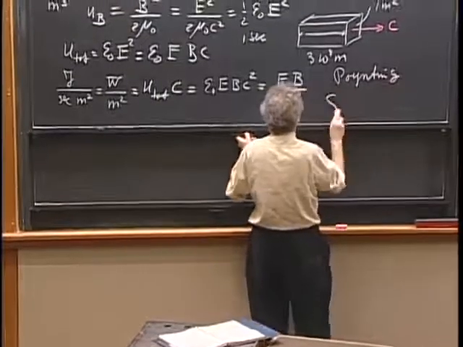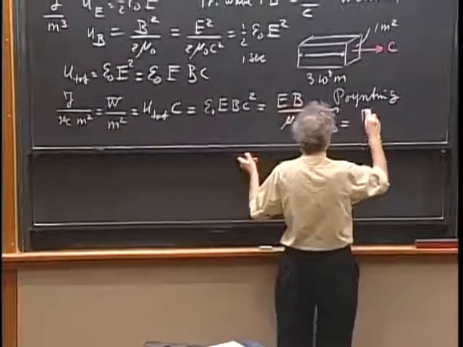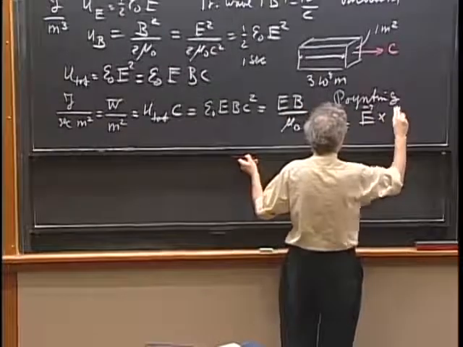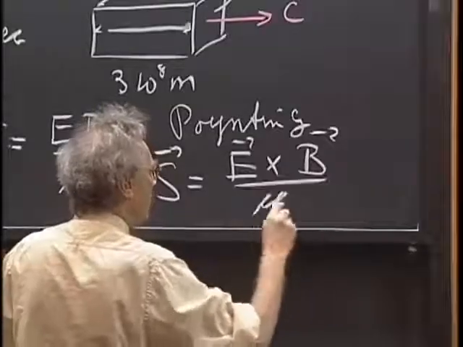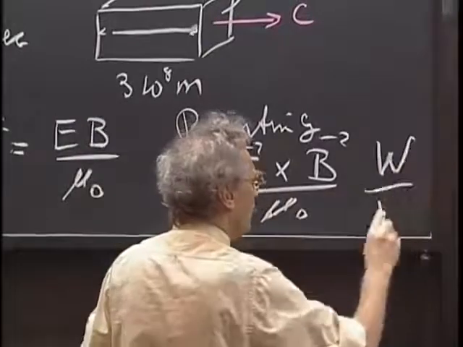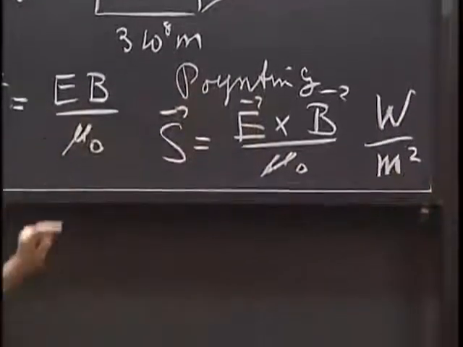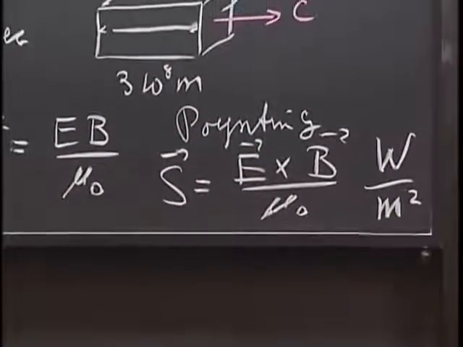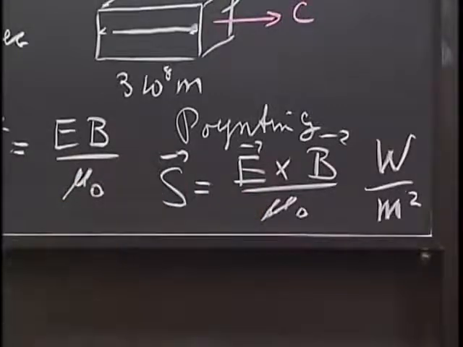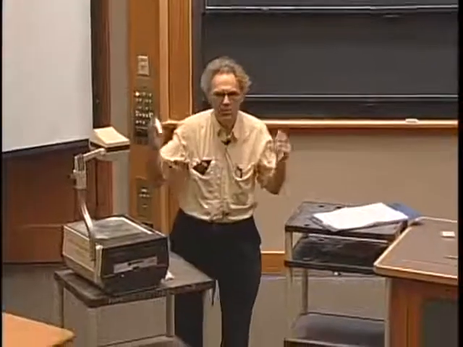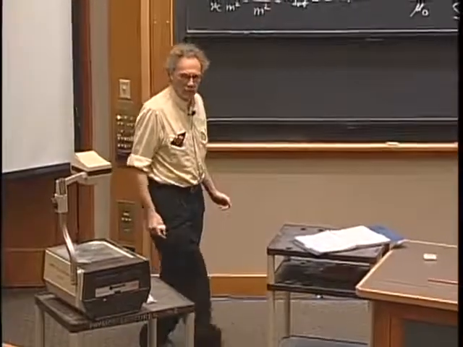And the Poynting vector S was E cross B divided by mu 0. And the units were watts per square meter, which is exactly what this is. And the reason why the cross disappears here is that with electromagnetic traveling waves, E is always perpendicular to B. So that takes care of the cross.